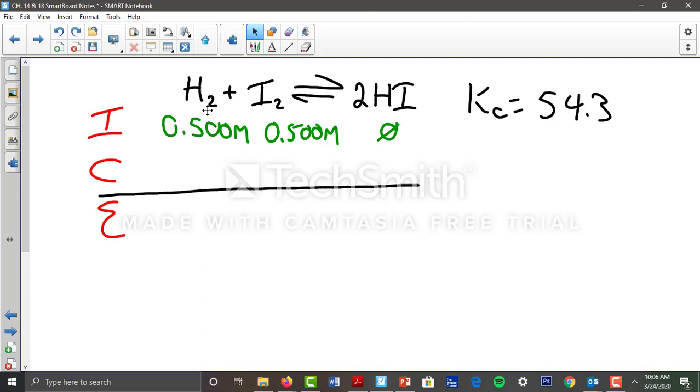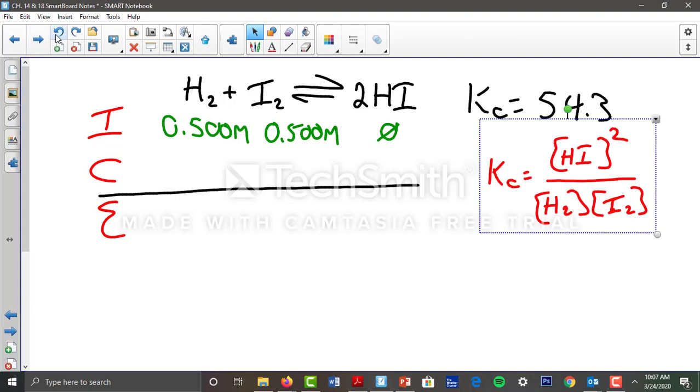So if you were to put hydrogen and iodine into a closed container and allow them to reach equilibrium, the equilibrium constant at some point is going to be 54.3. Now again, because the equilibrium constant is greater than 1, that means that once equilibrium is achieved, HI is going to be greater than H2 and I2. So if at the end that doesn't seem to work out, you know you made a mistake because this is greater than 1.